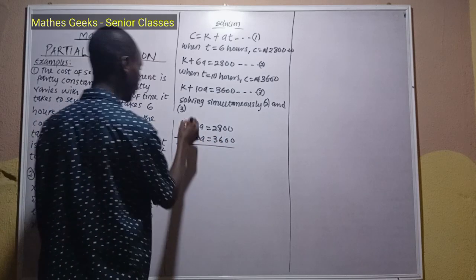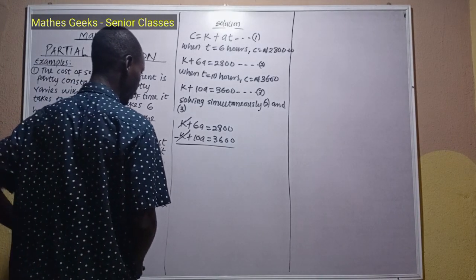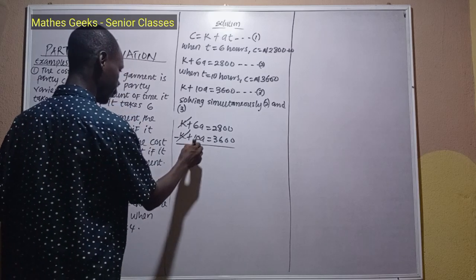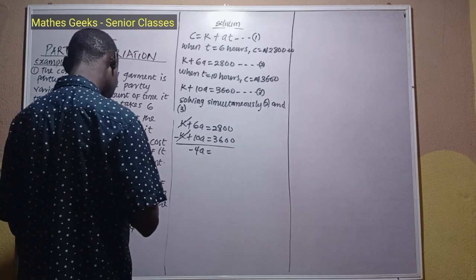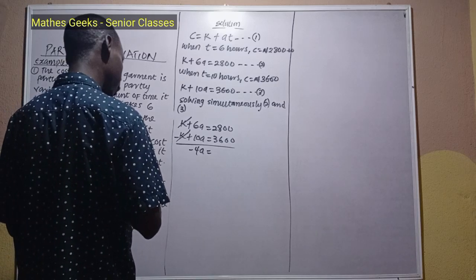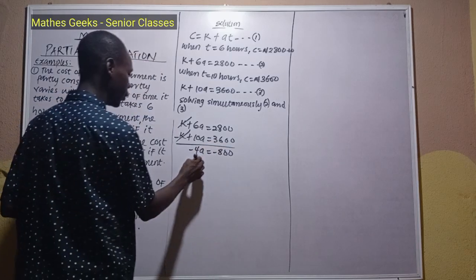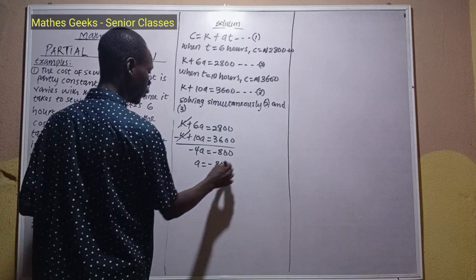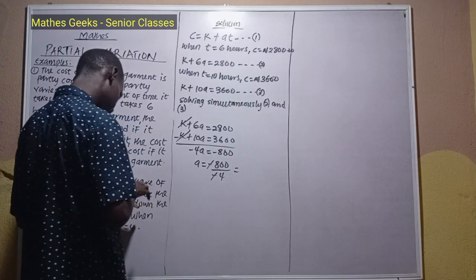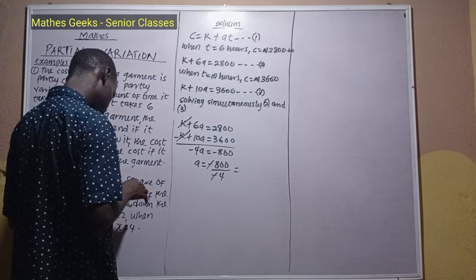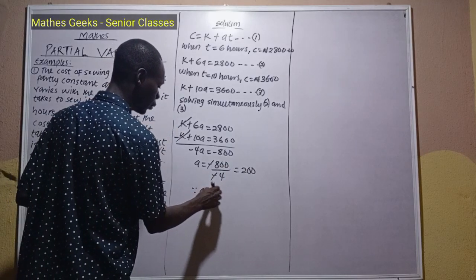Let's subtract: k minus k is 0, plus 6a minus 10a will give us minus 4a, equals 2,800 minus 3,600, which is minus 800. So a is equal to minus 800 over minus 4. The minuses cancel out, so a is equal to 200.